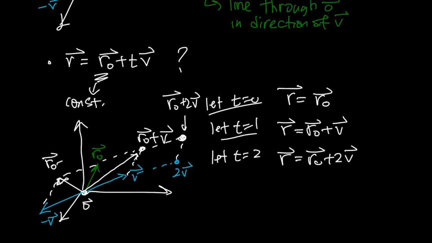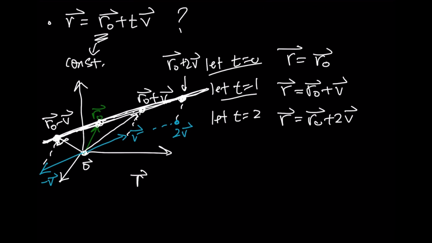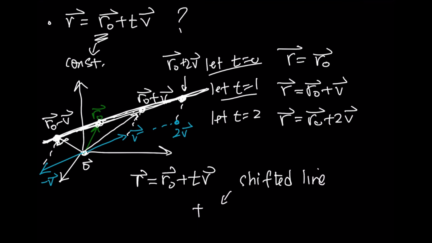So if I kept playing this game over and over again, what I would find is a new pattern. What this recipe produces is a shifted line. And this is a line that goes through no longer the origin. The origin has been moved up to r0. So it goes through r0 and it's in the direction of v.